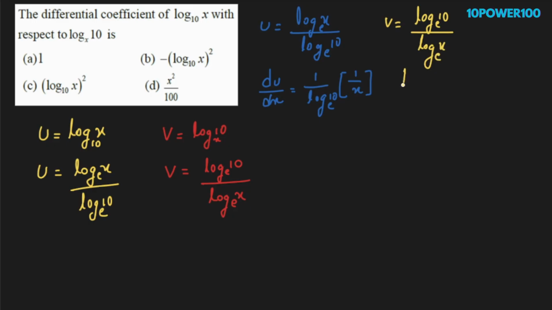Now dv by dx: log 10 the base e is constant, so I'm going to keep that outside, and now it is 1 by log x. So it is function power n, that is function power minus 1. It becomes minus 1 of log x power minus 2 into 1 by x.